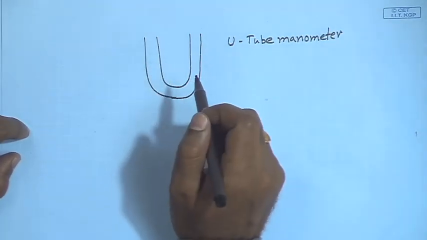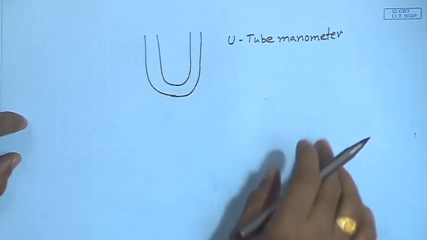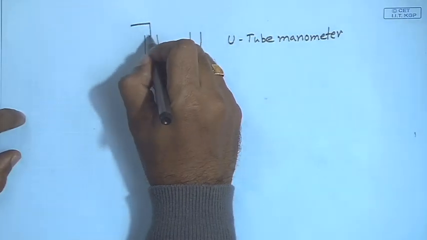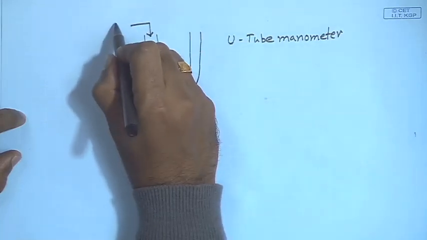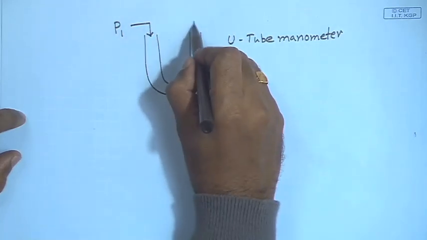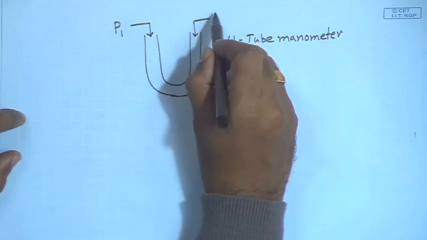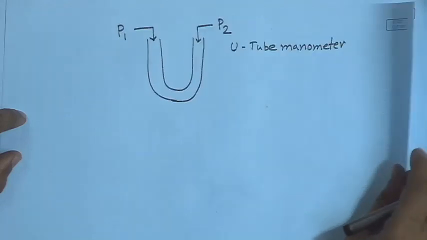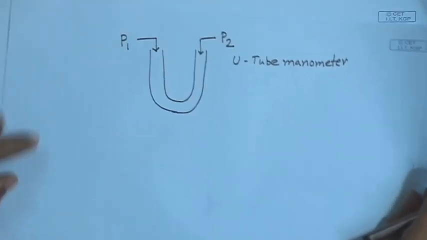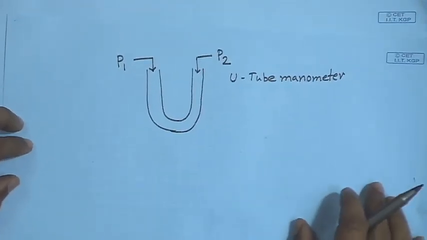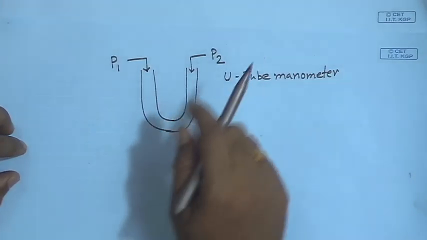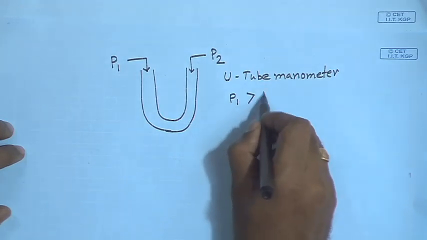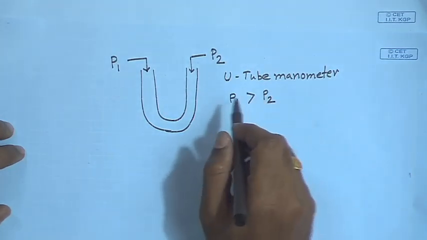You know, a U-tube manometer is used to measure differential pressure. Let us consider the two limbs of the U-tube manometer are connected to two different pressure sources. We consider P1 to be greater than P2.